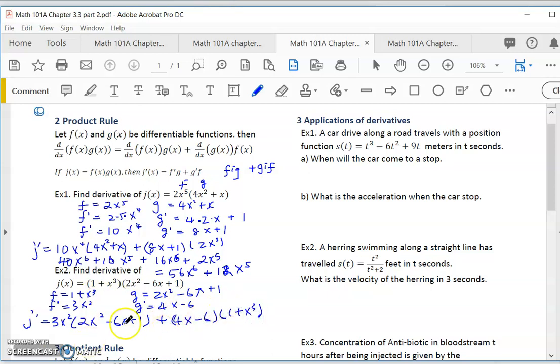And the rest is just simplifying. So it's 6x to the 4th minus 18x cubed plus 3x squared plus, oh, I have to do 4x plus 4x to the 4 minus 6 minus 6x cubed.